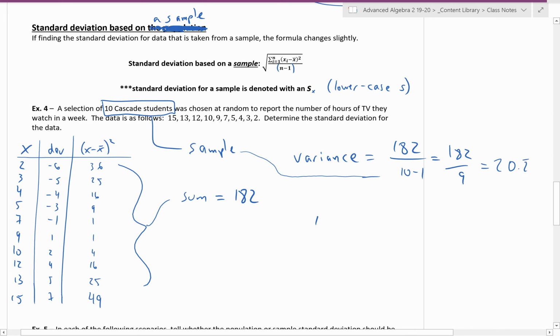Remember, we just said standard deviation is represented with lowercase s sub x. So standard deviation is equal to the square root of our variance. The square root of 20.2 comes out to be 4.5, which means our standard deviation is 4.5 hours.